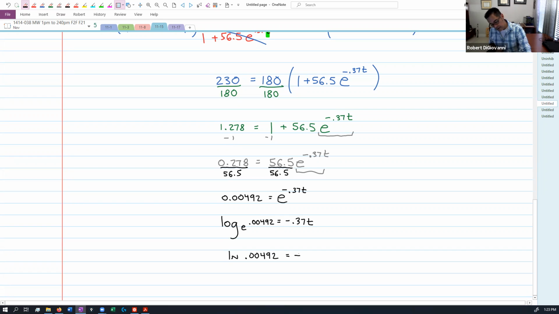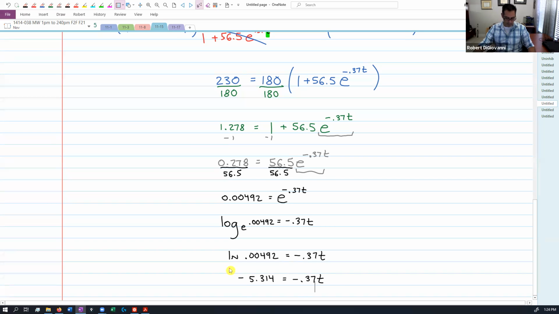I'll do that on my calculator. And so I'm going to do natural log of 0.00492. Okay, so I get negative 5.314 is equal to negative 0.37 t.